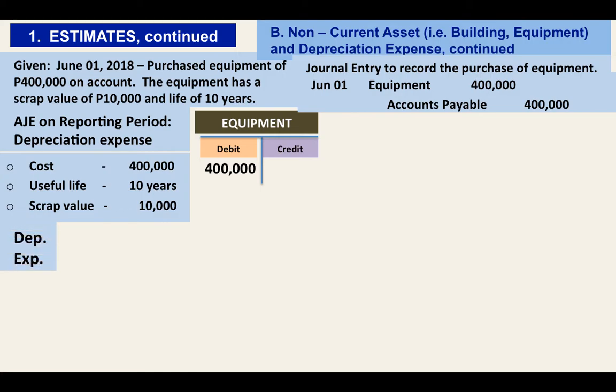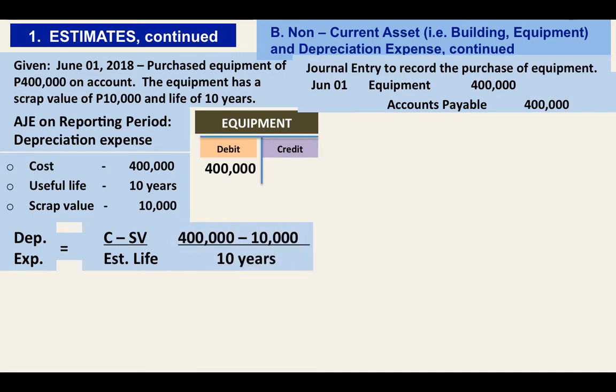So depreciation expense is equal to cost minus salvage value or scrap value over estimated life. So 400,000 minus 10,000 divided by 10 will give you 39,000 per year. So ang ibig sabihin, we have a depreciation of 39,000 per year. So we have 10 years, so 39,000 times 10 will give you 390,000.